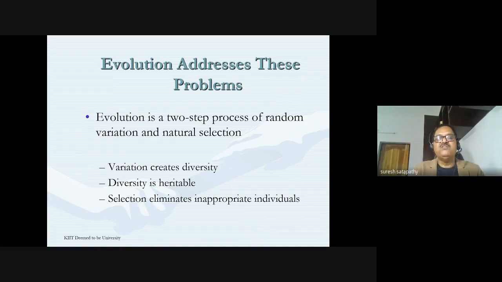Because when you do this, what happens? You create diversity. That's a very important point. You are not localized. You do a lot of variations, and in that variation you go beyond. And this diversity is always heritable. If you make some diversity, it goes to the next generation.